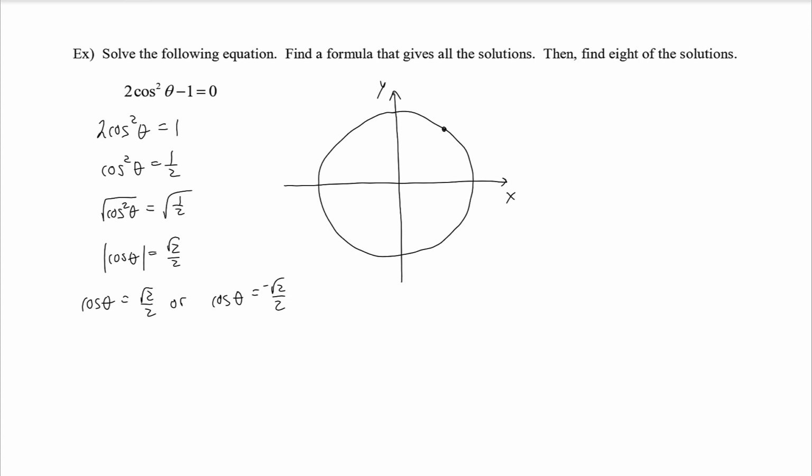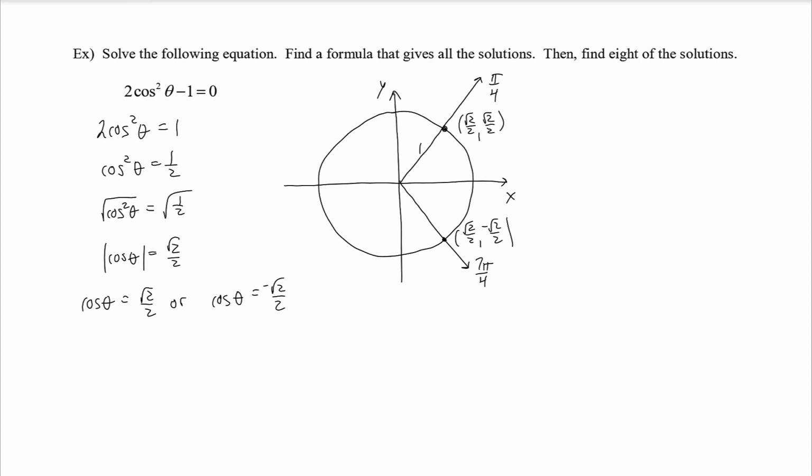Well, that happens right here at pi over 4. Right? That's where x is root 2 over 2. The radius is 1. And that also happens down here at 7 pi over 4, because that coordinate is root 2 over 2, negative root 2 over 2. So the cosine ratio is root 2 over 2 for both of those.